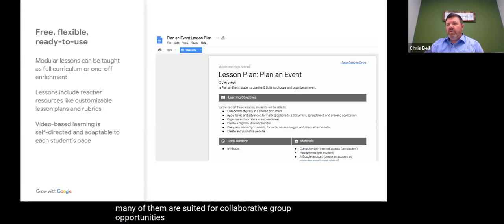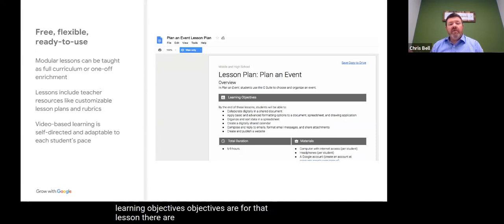One of the things that is fantastic to highlight about the curriculum specifically is that each lesson comes with lesson plans. So, like any good curriculum that you may be used to, there are lesson plans that allow you to really understand where the lesson is going and what the learning objectives are for that lesson.